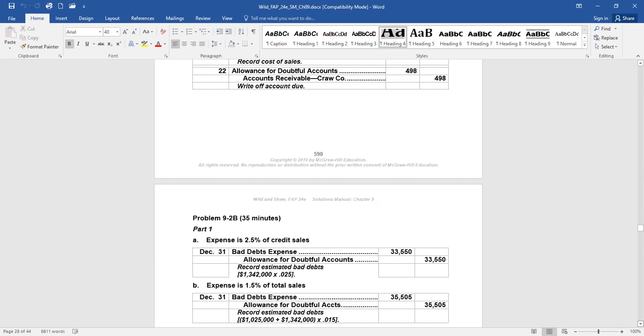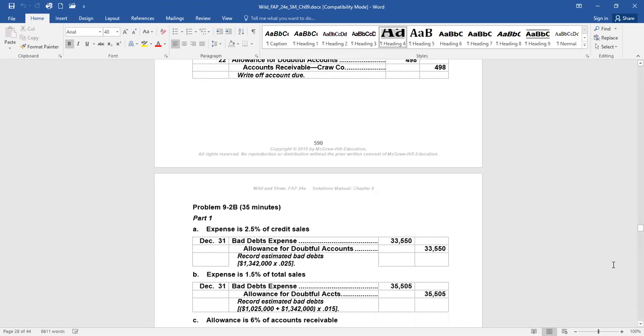But what you need to remember is when you use accounts receivables to estimate, you're determining what the new balance should be in the allowance for doubtful accounts. So you need to take into account any prior balance in the allowance for doubtful accounts. Remembering that once you're done with your journal entry, the balance should be on the credit side.